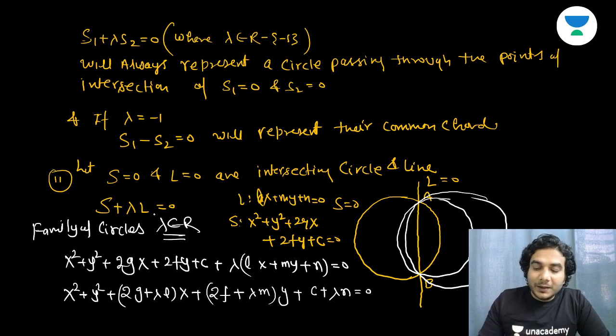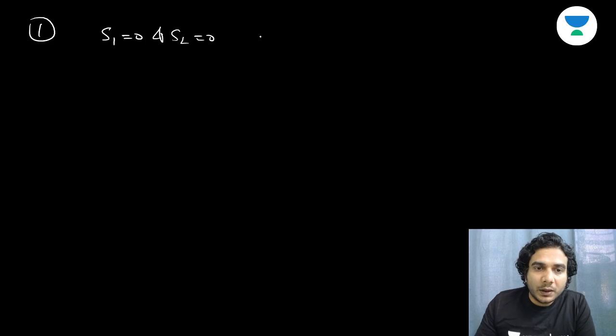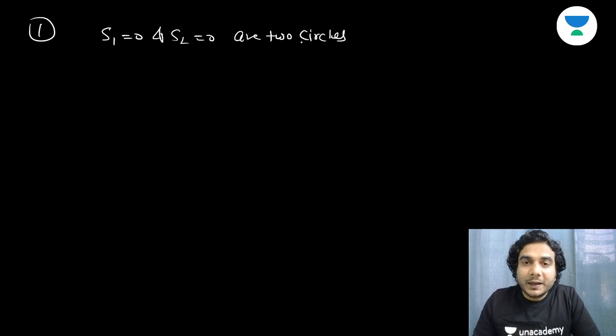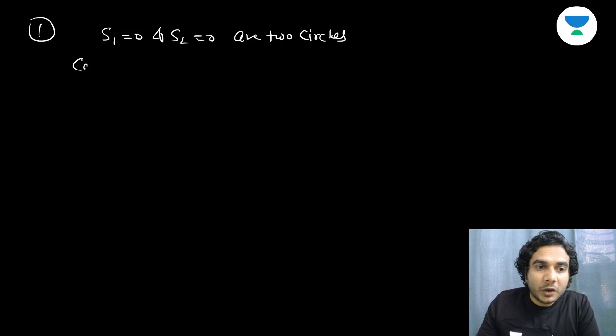Now let's come back to the first point in which two circles are given. I'm repeating it again. So s1 is equal to 0 and s2 is equal to 0 are two circles. Then rather than writing s1 plus lambda s2, we have another way of writing a family of circles using these two circles. First we'll write the common chord.